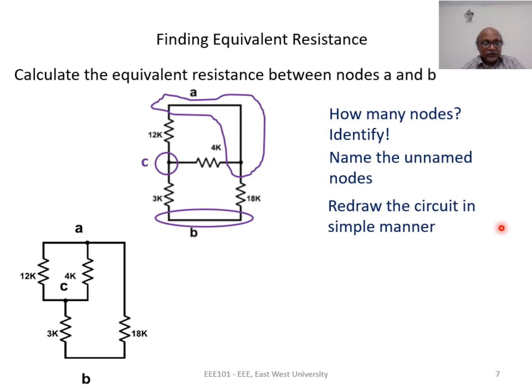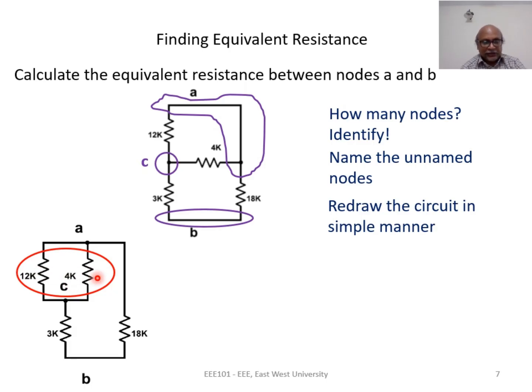It is easy to see. Now in this redrawn circuit, we can straightforwardly find out that this 12K and 4K are in parallel. Both are connected between node A and C. In this circuit, it was more complicated to identify the parallel connection.